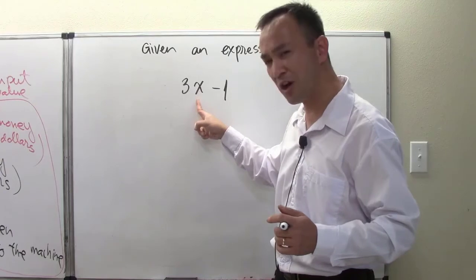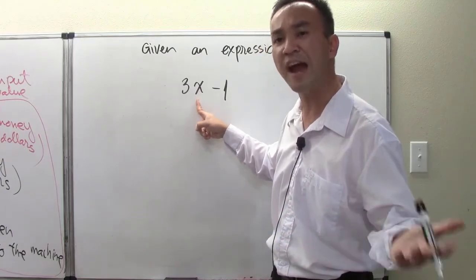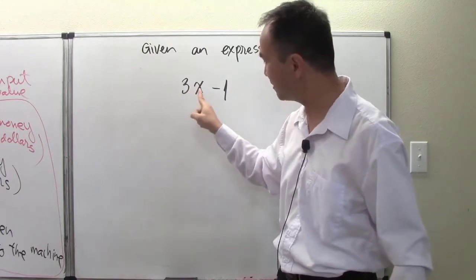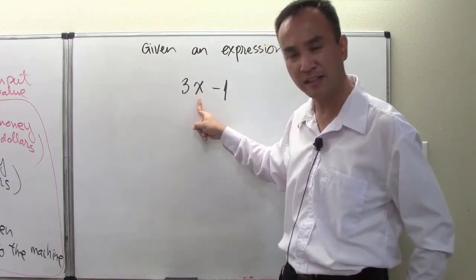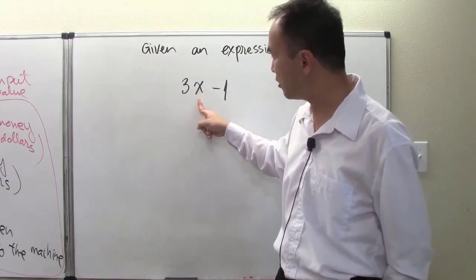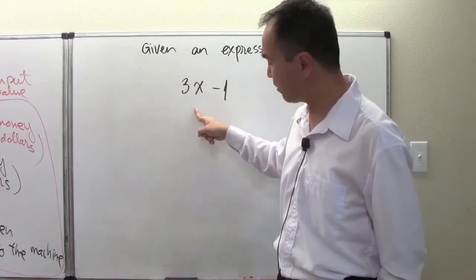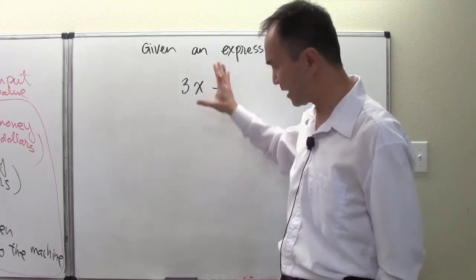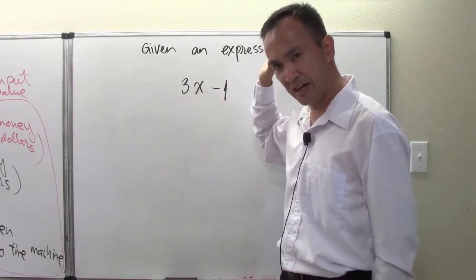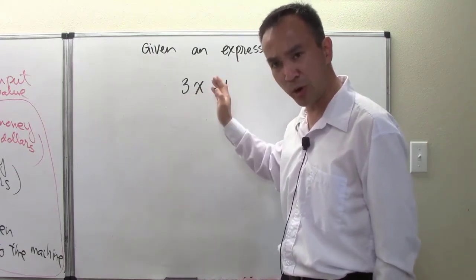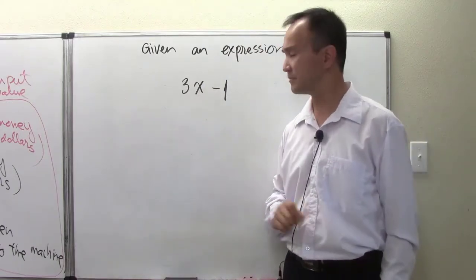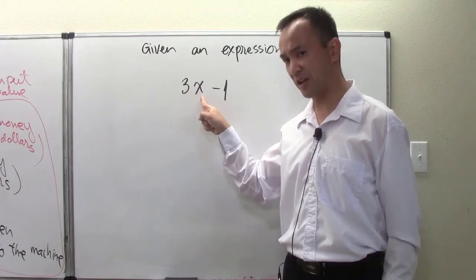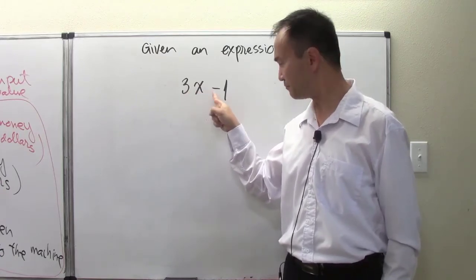Once you know the value of the variable, this expression tells us that we simply multiply the value represented by this variable with 3, and subtract 1. So for now, it's simply an algebraic expression: 3 times the quantity represented by the variable x, minus 1.